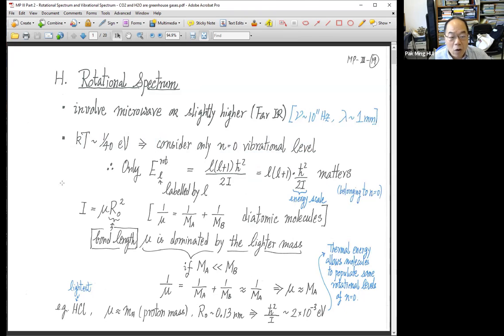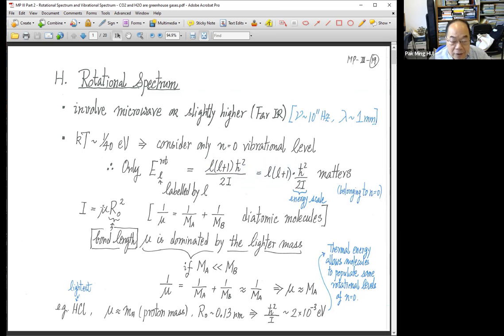And if you only put in a little bit of h nu, not very high energy, molecules cannot take this microwave incident energy to go to the vibrational excited state. So all they can do is make transitions between L. With n equal to 0, transitions between different L's give rise to the rotational spectrum.